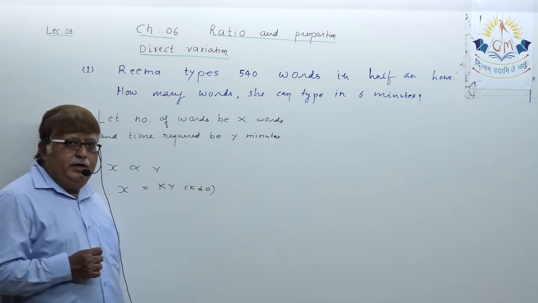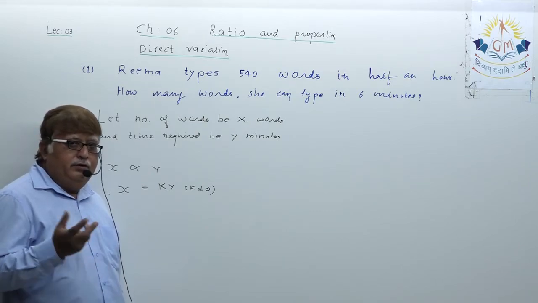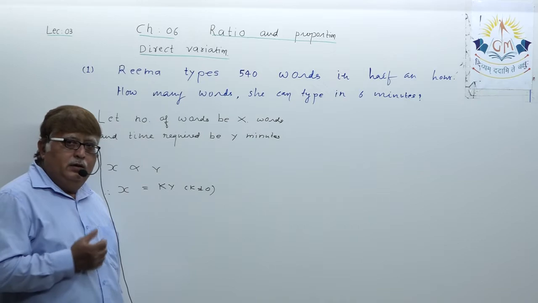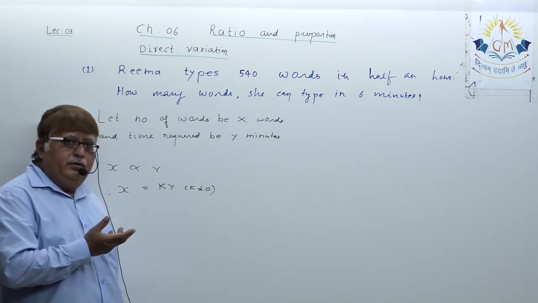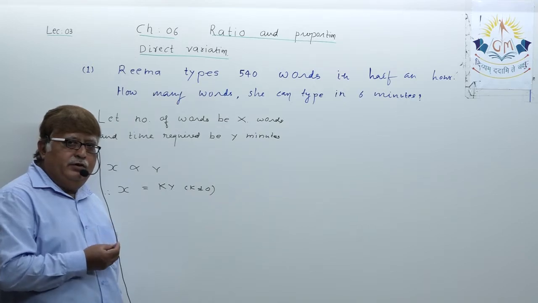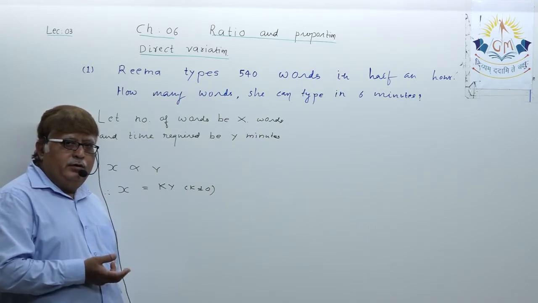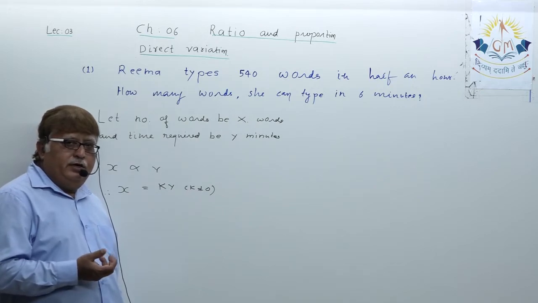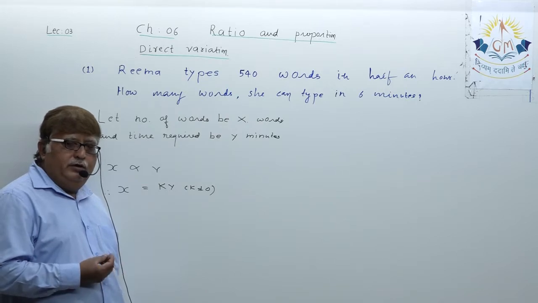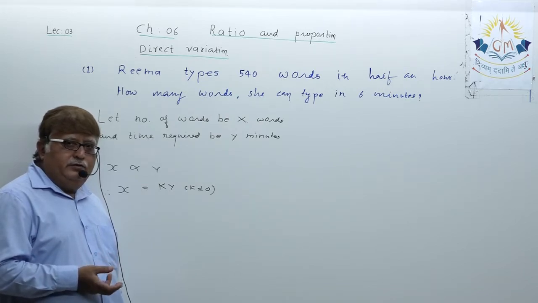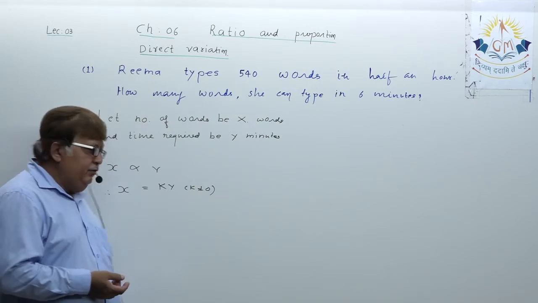Obviously, here you can relate number of words and time: if more time, definitely more words can be typed; less time, fewer words. So it is a simple example of direct variation.